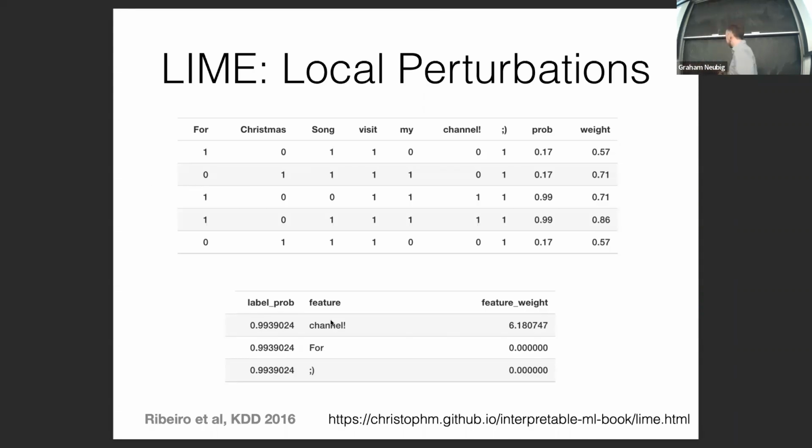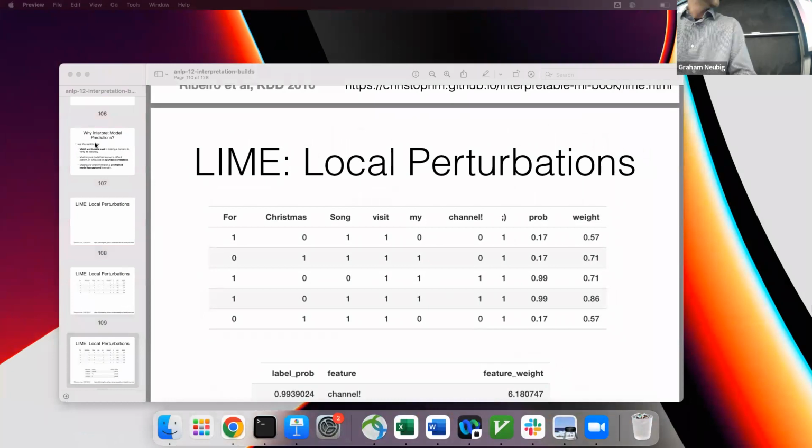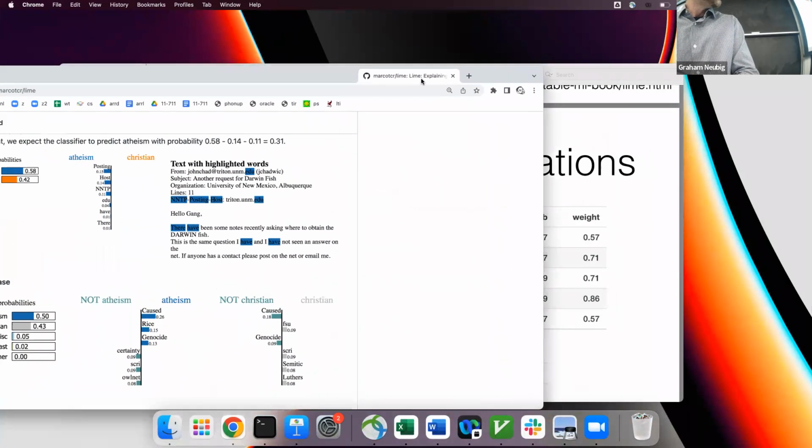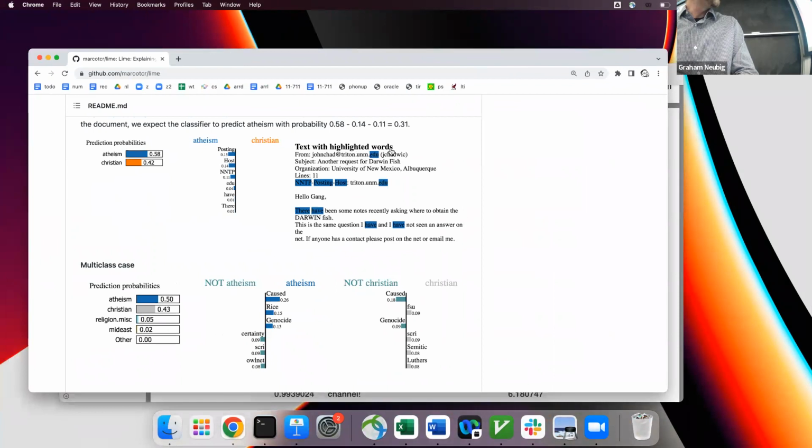And this is a nice software package. It gives you some nice visualizations that say this is a positive feature, this is a negative feature. I could maybe even show them. Basically it does things like highlight individual words and give you the prediction probabilities, like 0.58 and 0.42.